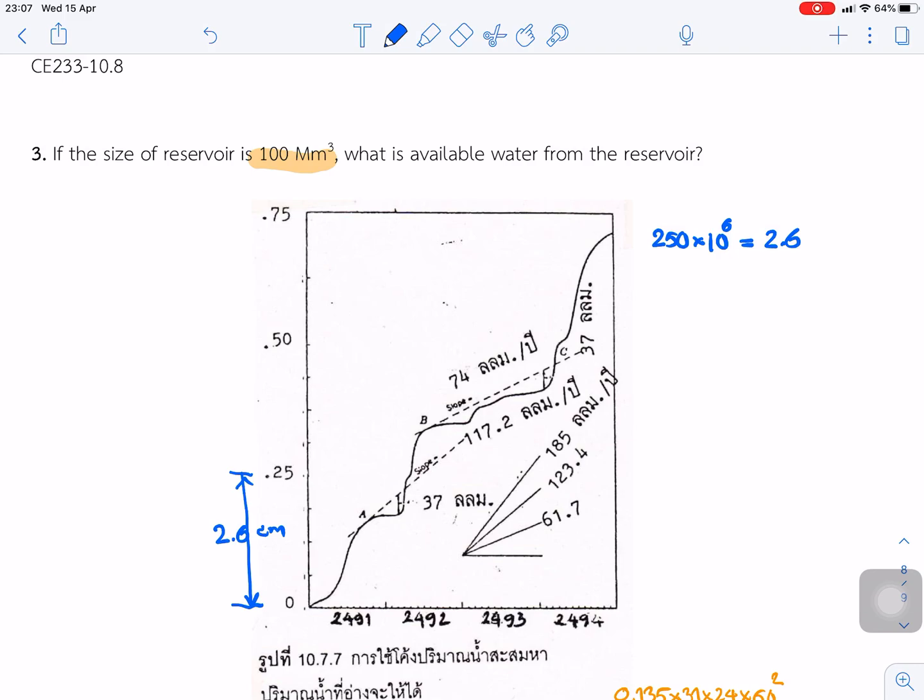You have to measure by yourself, but because sometimes the scale is expand or squeeze.